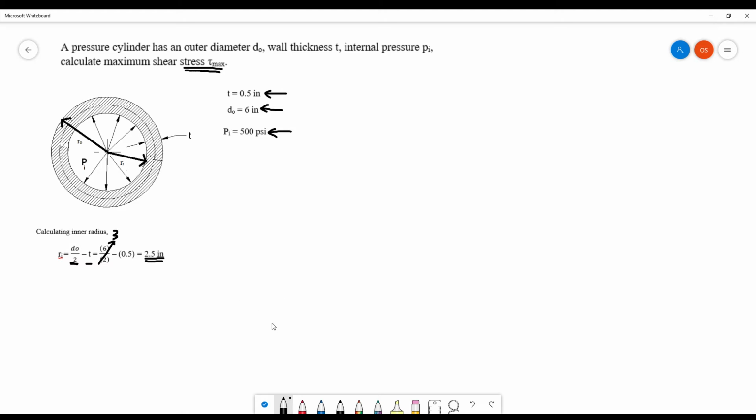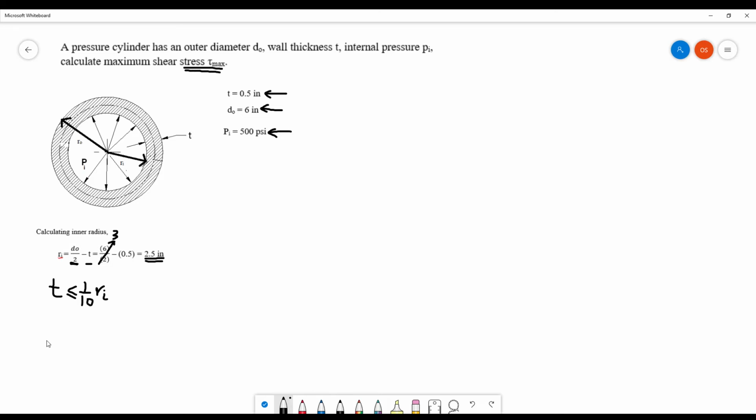Next, we're going to check if we're dealing with a thick wall or a thin wall pressure vessel. For a thin wall pressure vessel, the thickness must be less than or equal to 1/10 of the inner radius. If this holds, you have a thin wall pressure vessel.